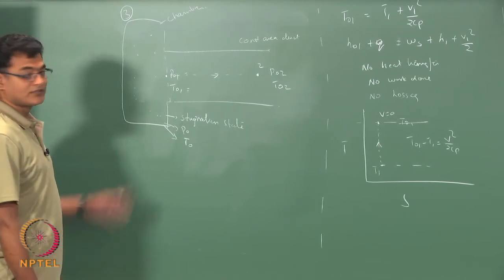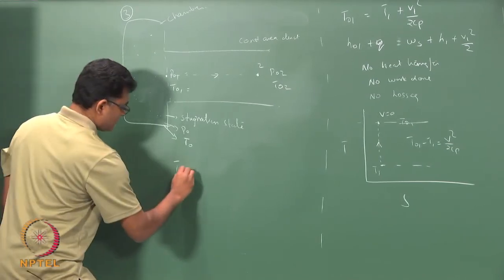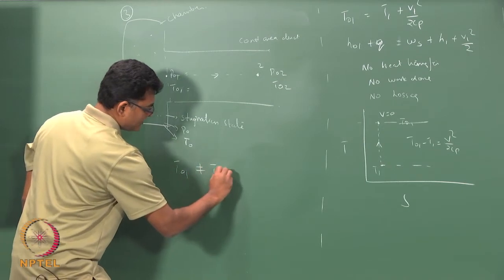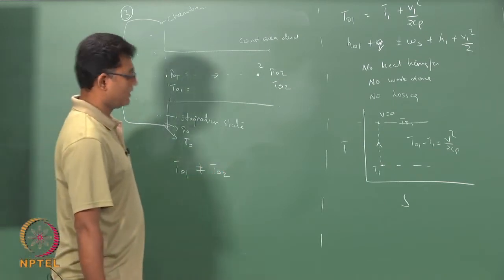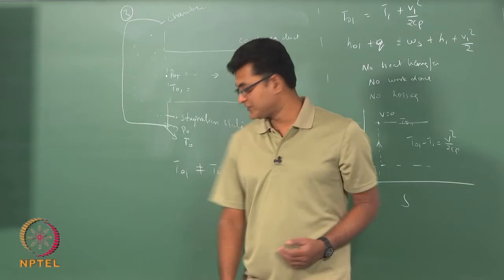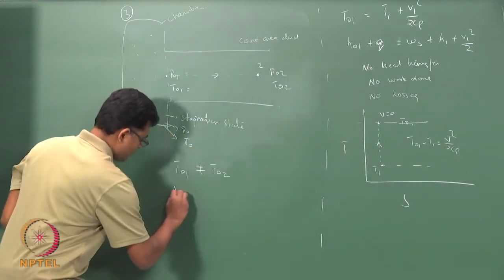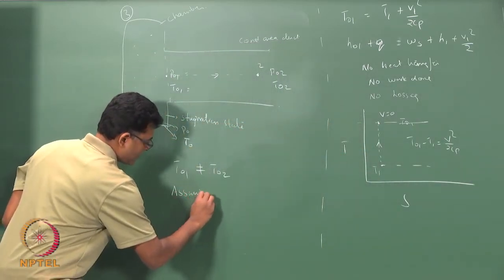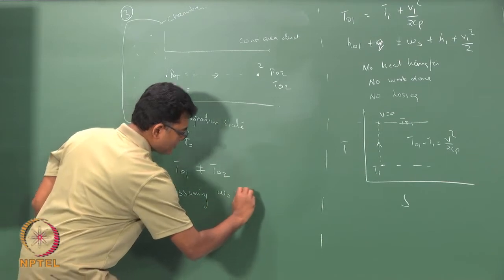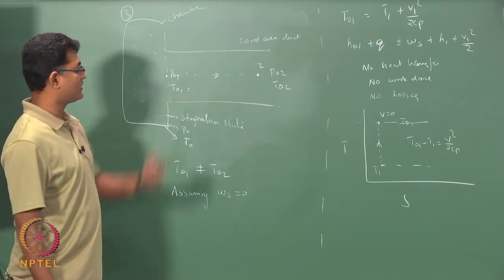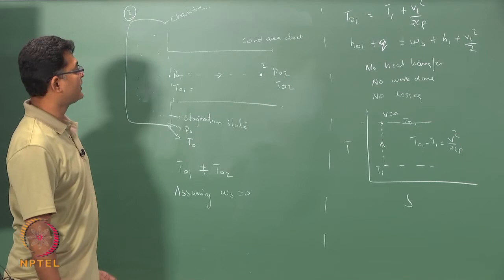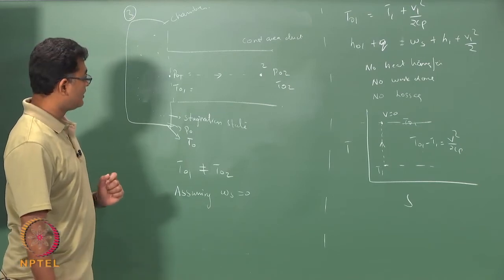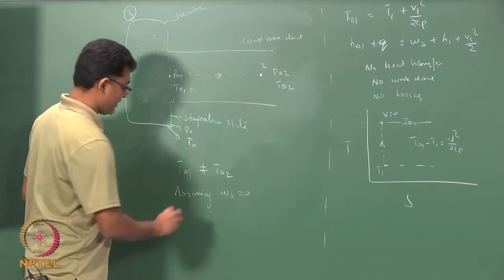Okay. For some reason your T01 is not equal to T02 because of heat transfer, assuming Ws is 0, no shaft work associated with this fluid that is moving through the constant area duct, but there is some heat transfer that is happening.